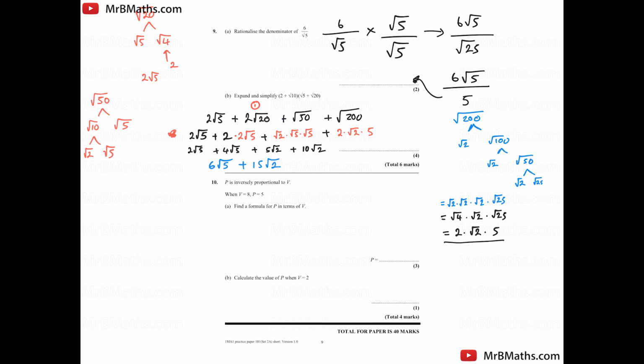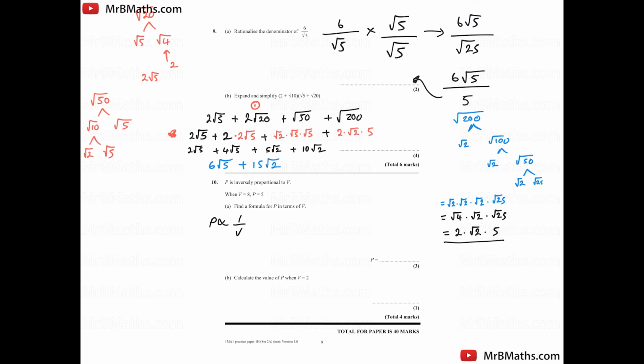Okay, in question 10, P is inversely proportional to V. When V equals 8, P equals 5. Find the formula for P in terms of V. So we know that P is inversely proportional to V. So we've got P, and then we'd have 1 over V because it's inversely proportional.